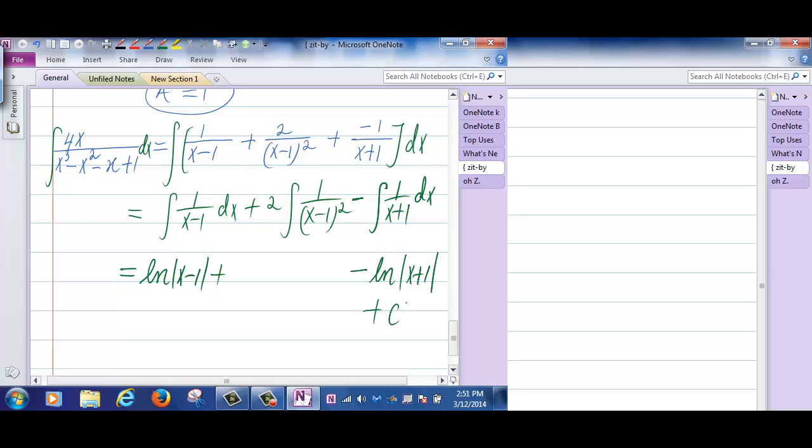What's the middle one? What do I have to do to find that? I have to do a u substitution because I have 1 over x minus 1 squared. So if I take x minus 1 to be u, I am going to get 1 over u squared, which will be u to the negative 2. And the antiderivative of that is what?